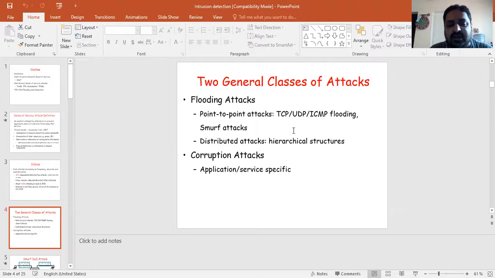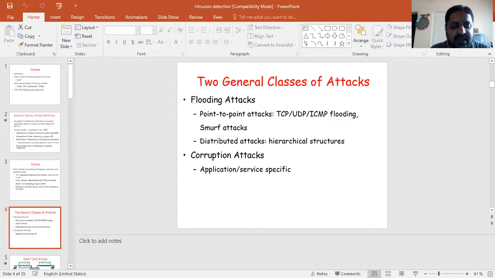Then there are other types of attacks, called corruption attacks. We will discuss these different attacks as we proceed through the lecture, how they are applied by the attacker, and how we can prevent such attacks from attacking the system.